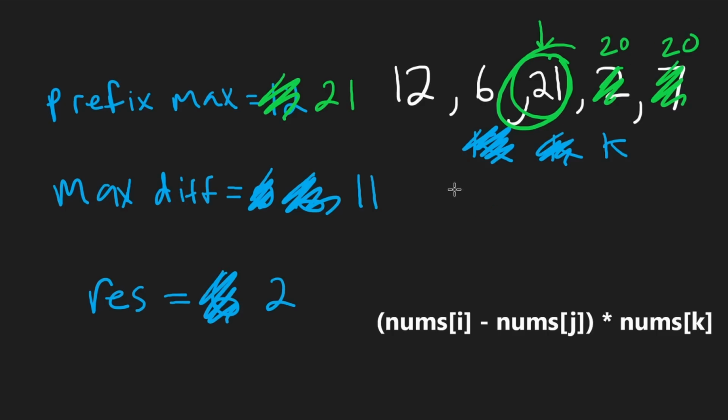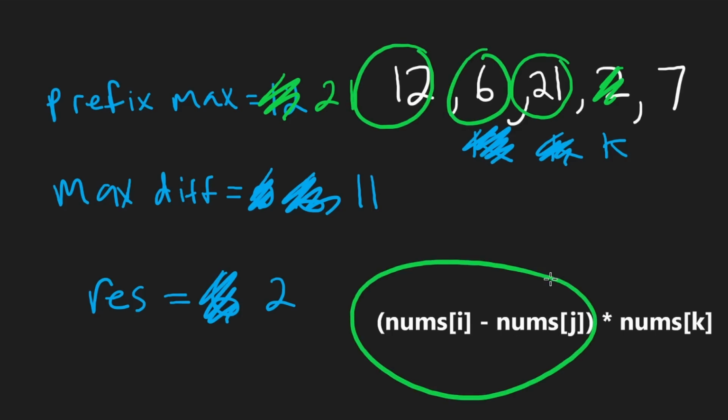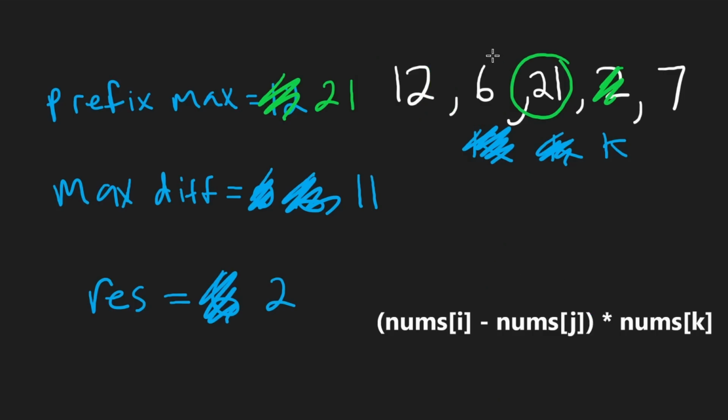So it seems like I went backwards. Before, I had it so good. I had 12 minus 6, which gave us a positive 6 over here. So why did I ruin everything by picking this as my new maximum? Well, my brother in Christ, let me tell you, we already processed this part. This would have been a positive 6, and it would have been multiplied by the value that came after it.